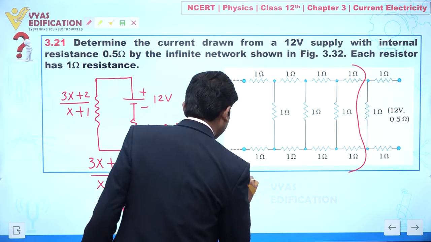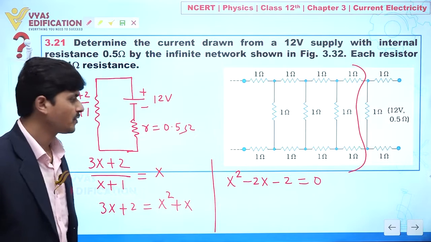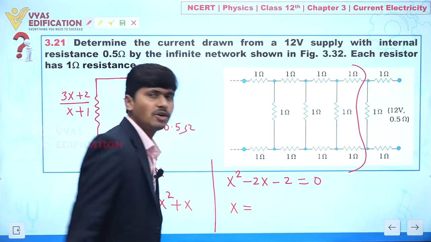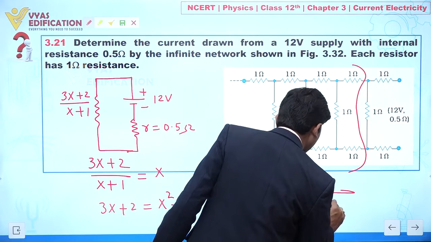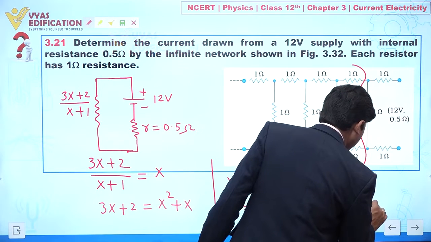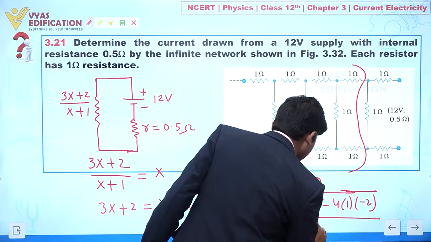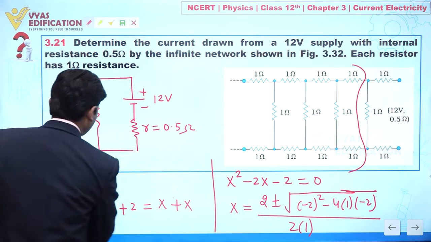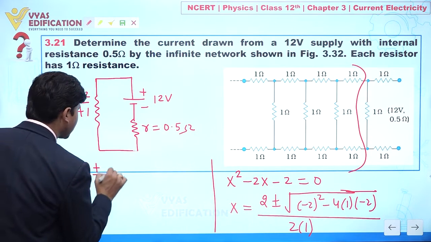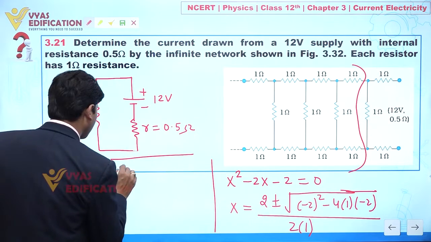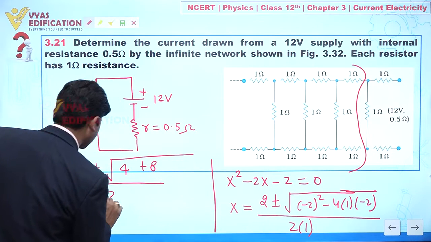So I can write X square minus 2X minus 2 equals 0. Then the value of X is 2 plus minus under root of minus 2 square minus 4 times 1 times minus 2, divided by 2 times 1. So X is 2 plus minus under root of 4 plus 8, divided by 2.